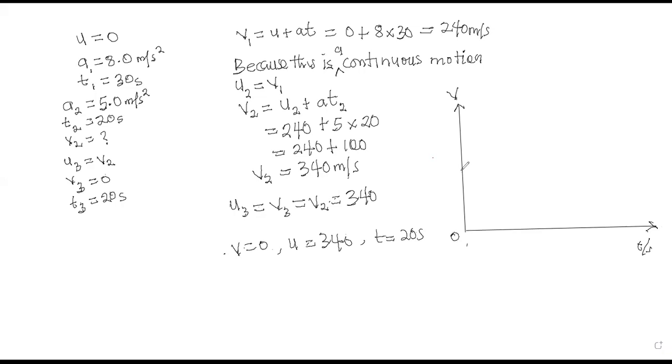Then we had a velocity of 240. Then we also got a velocity of 340. Our initial time is 30 seconds. Then the next time is 20, so 30 plus 20, 50.